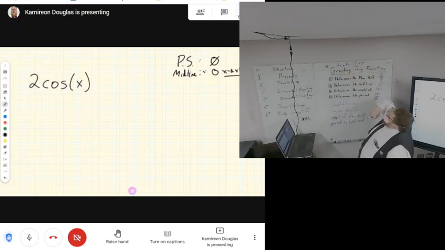So if one of those pieces is missing, it tells you something about these values. So we have 2 cosine. So we have an a of 2, we have a b of 1, we have a c of 0 since there's no c, we have a d of 0 because there's no d. How do we know? Okay, so the 1 is b. Correct. Because there is a single x.